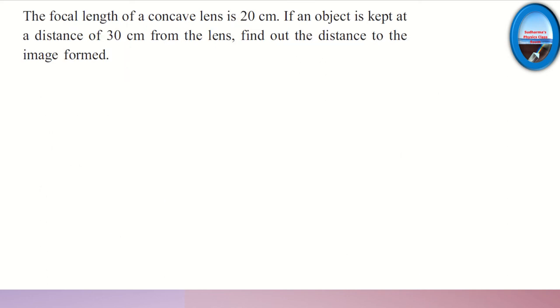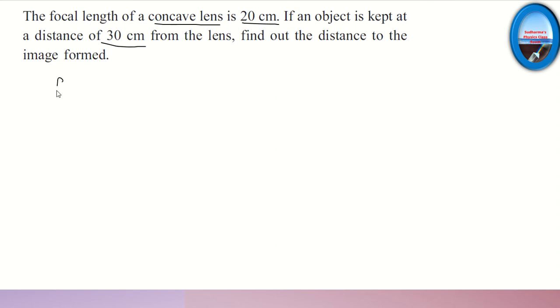Let's try one more question. The focal length of a concave lens is 20 centimeter. If an object is kept at a distance of 30 centimeter from the lens, find out the distance of the image formed. So here we have to find out the image distance. It is a concave lens, so you have to read the question very carefully.